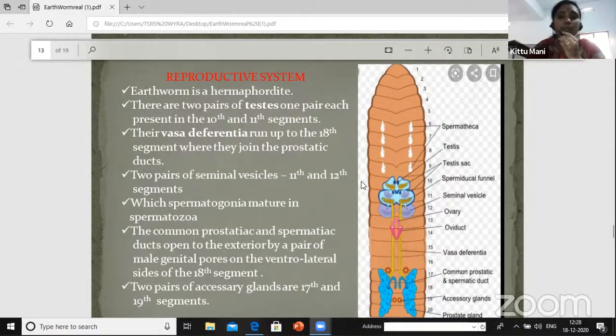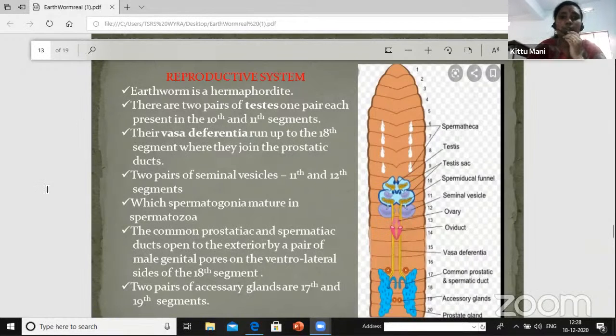Hermaphrodite means it has male organs and female organs in a single organism; female genital organs and male genital organs are present in a single earthworm.